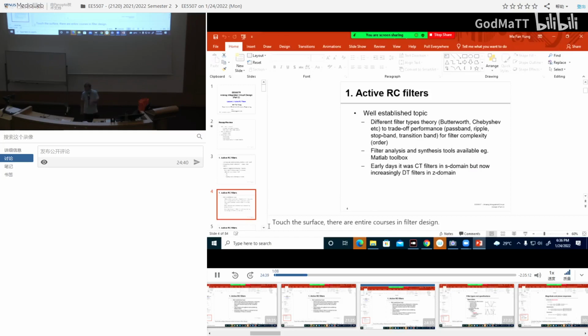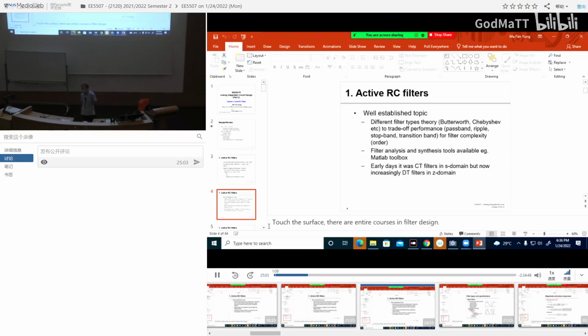But if you convert all the elements into the Laplace domain, you can write a simple algebraic equation. Map the capacitor impedance: what's the impedance of a capacitor in the Laplace domain? 1 over SC.